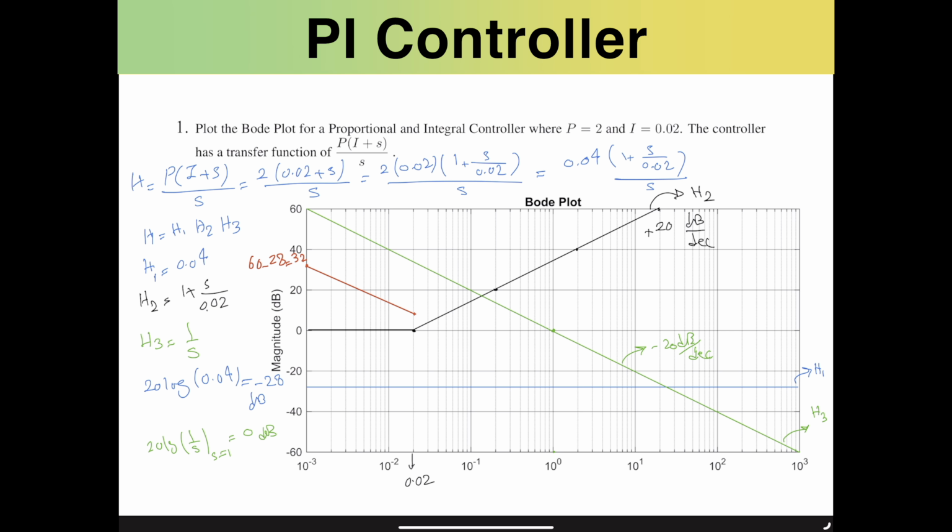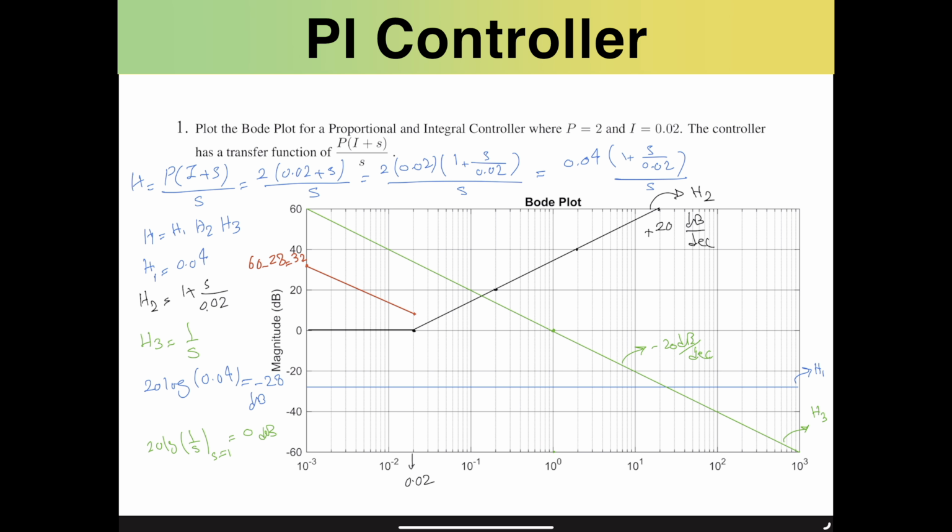And if you consider what is the frequency that this situation is going to break down, apparently in this case there is no other frequency, because at all other frequencies higher than 0.02, the slopes are going to be cancelled for black and green ones, and the blue one has always a slope of 0.